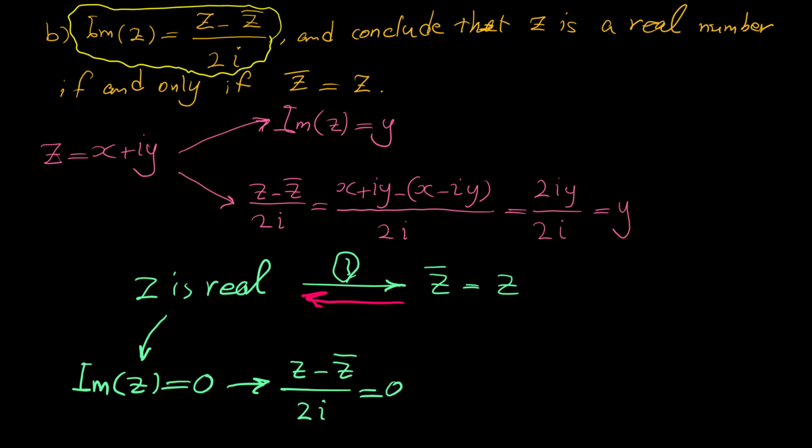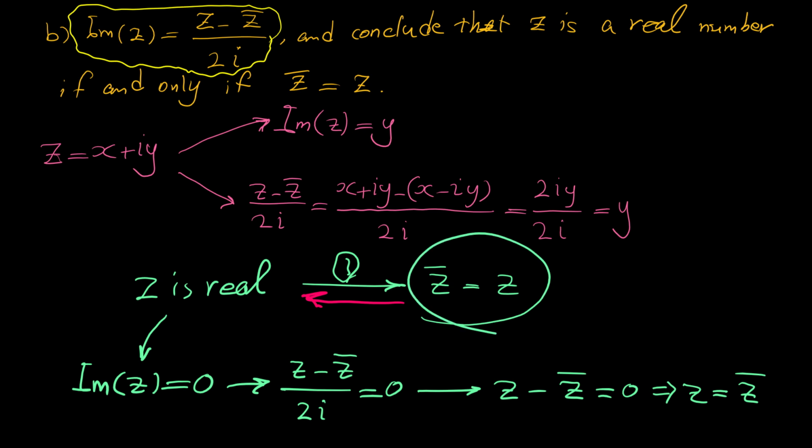If we multiply both sides by 2i, to get rid of the 2i in the denominator, we can conclude z minus z conjugate is 0. And what is the meaning of this? Z is equal to z conjugate, which is the other side of this statement. So we suppose z is real, and we prove that the conjugate of z is the same as z.